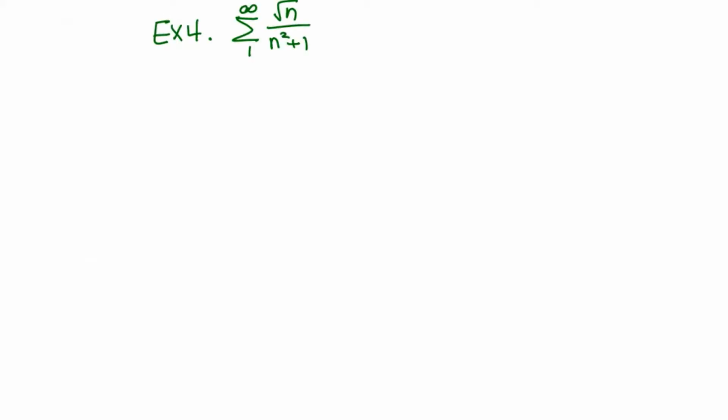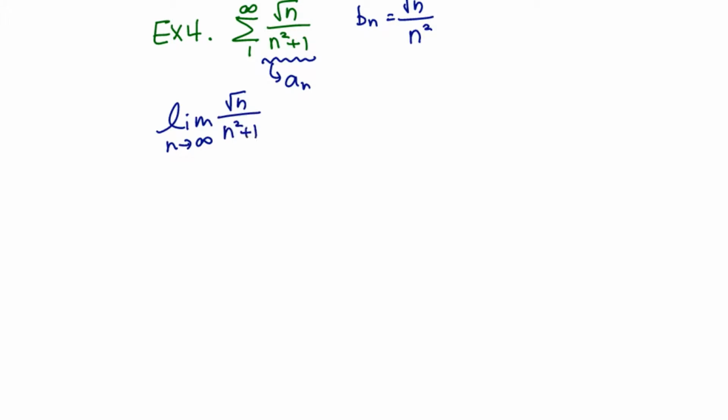I have the sum of square root of n over n squared plus 1, and this is my An. And let's take Bn. How about square root of n over n squared, so that we can cancel out some terms. So I have the limit as n goes to infinity of An, square root of n over n squared plus 1, divided by Bn, so I'm going to multiply by the reciprocal of Bn, n squared over square root of n.